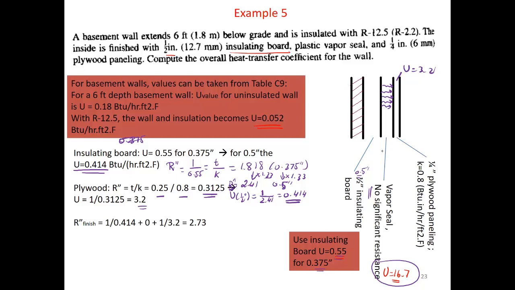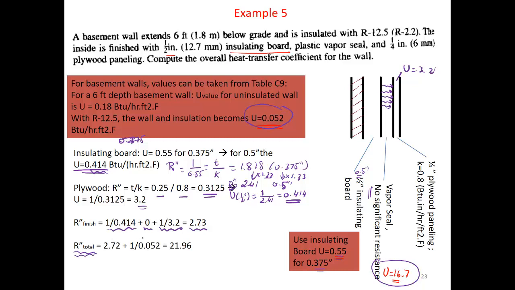Now we'll find the final resistance for the finish only, so we're not considering the wall yet. So 1 over this value for the vapor plus the plywood, that will be 2.73. That's the air finish. We'll add this resistance to the wall resistance, and that's what we call the basement wall resistance.